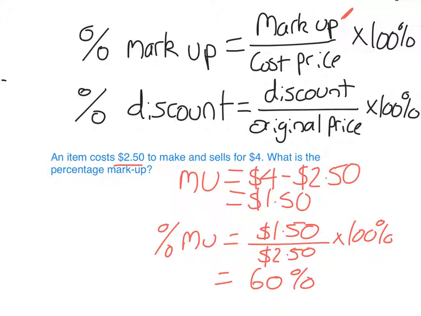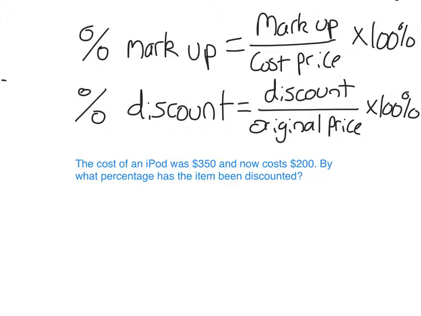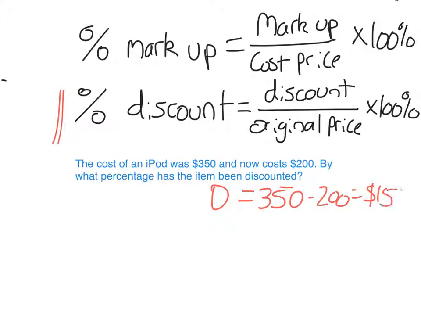I'll just do one more example with a discount. Here again, you're told what the original cost of an iPod was, $350, now it costs $200, and you have to find the percentage discount. So again, you're not told the percentage discount, you have to calculate it, and we're just going to use this bottom formula here, easy as. So the total discount, I'm just going to call that D, is of course $350 minus $200, or $150.